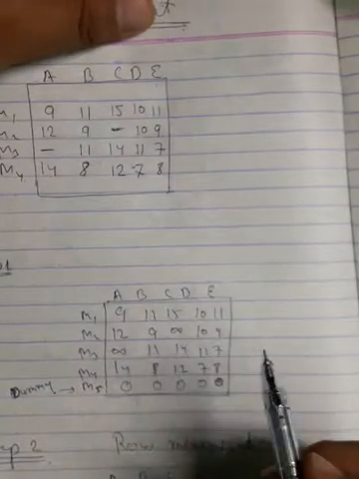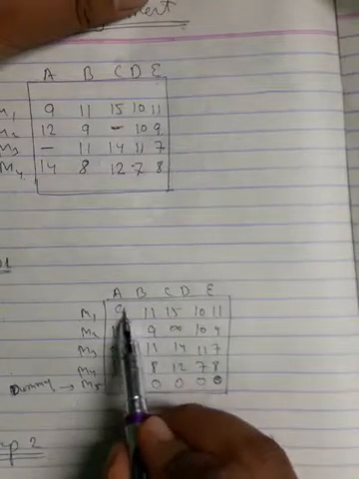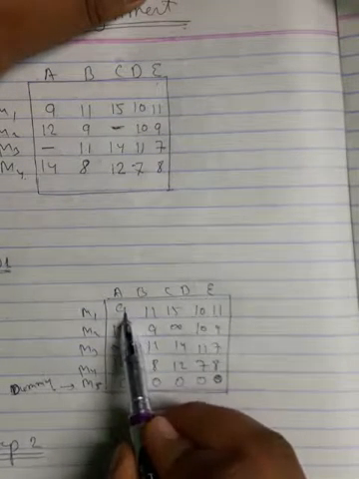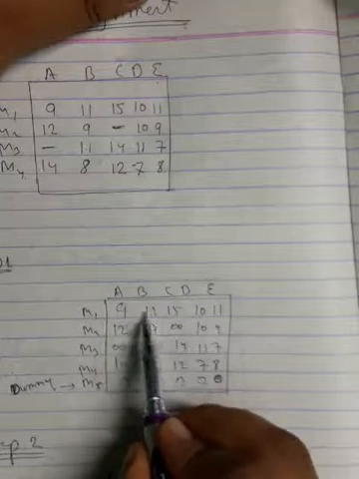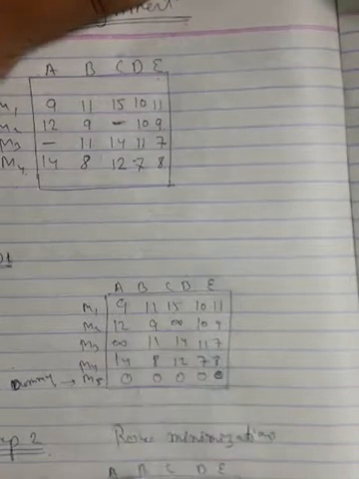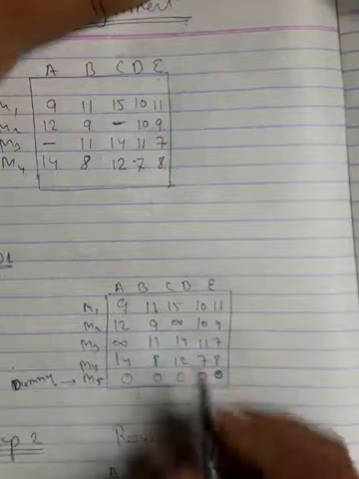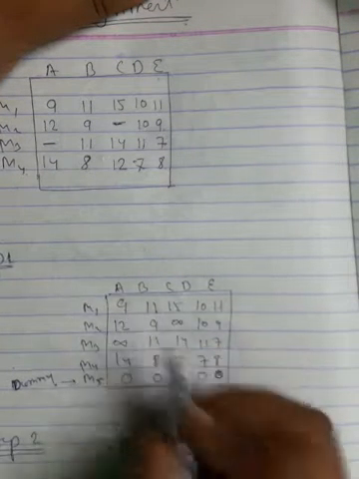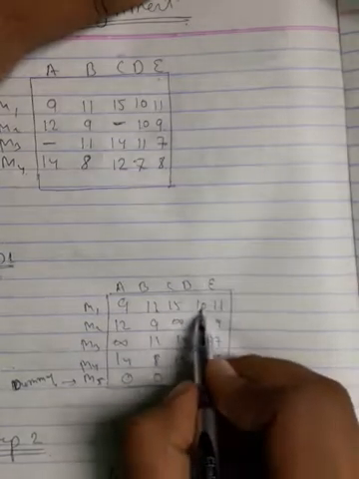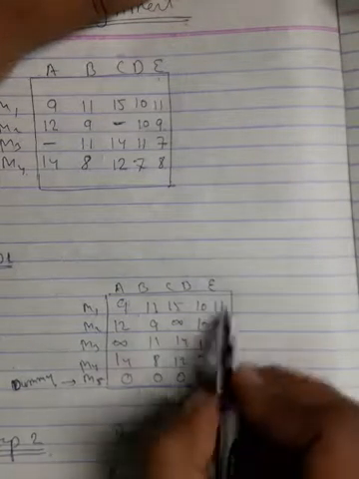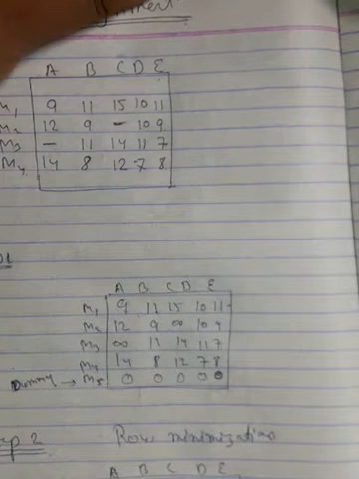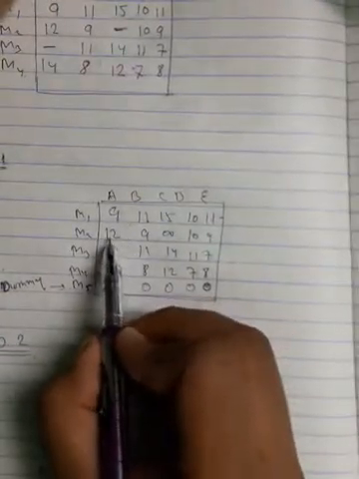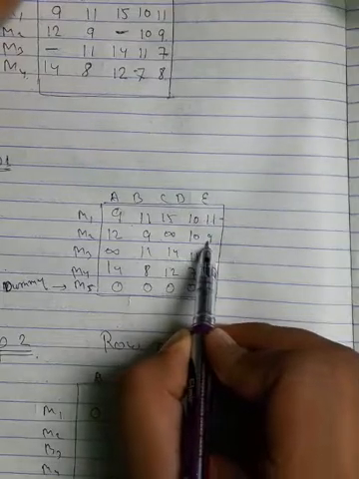In row minimization we have to select the minimum value from the row, that is 9 here. So I have to subtract this 9 from each element of this row. So 9 minus 9 is 0, 11 minus 9 is 2, 15 minus 9 is 6, 10 minus 9 is 1, 11 minus 9 is 2.